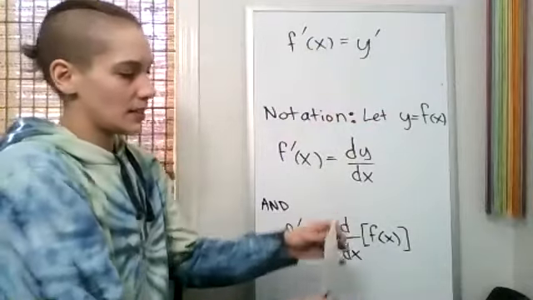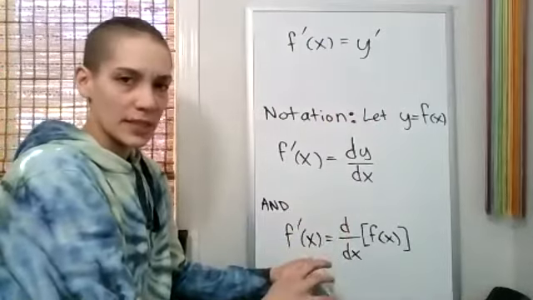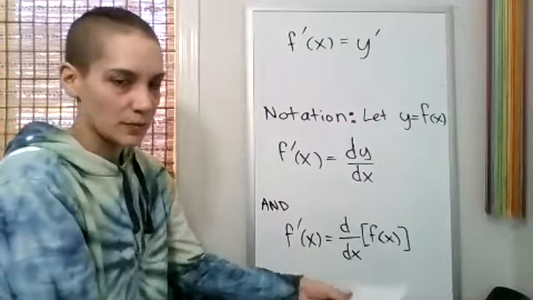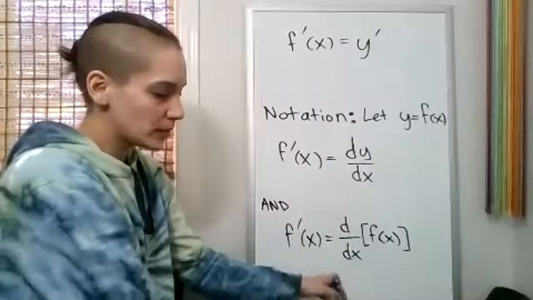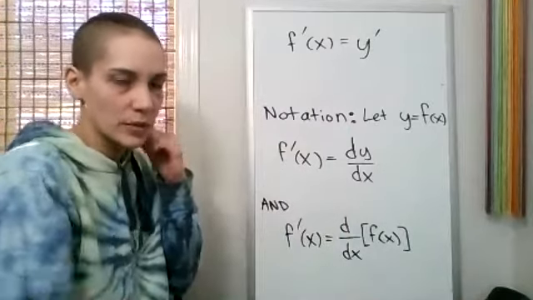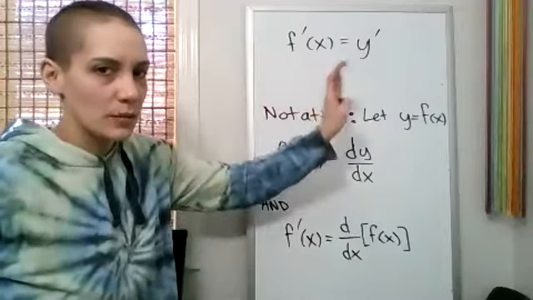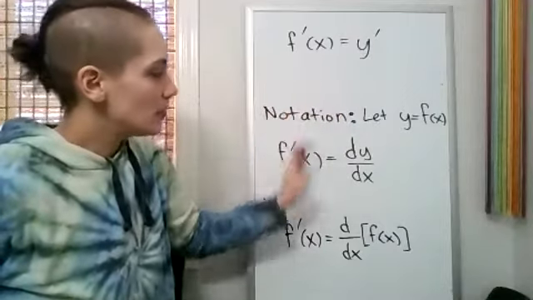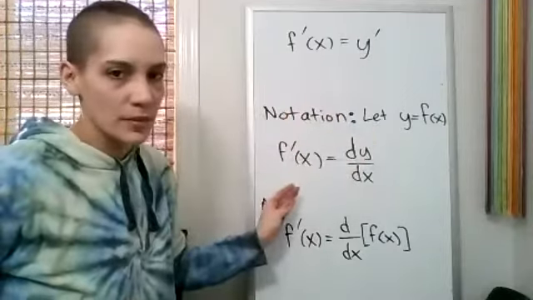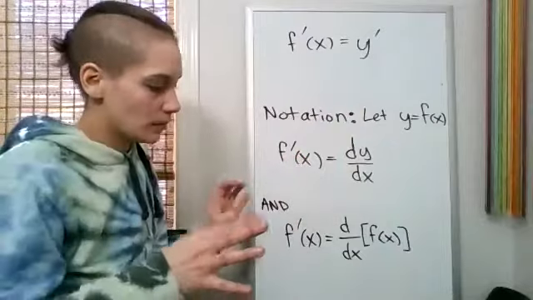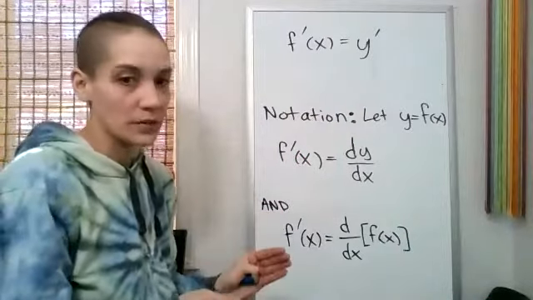And I say that because you may be in a class, or maybe even in this class, we'll get to functions that have multivariable functions, more than two variables. So it depends on which one we take the derivative with, the focus on a certain variable.